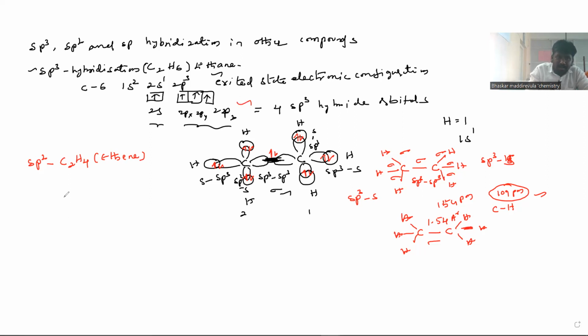But in the case of sp2 hybridization, each carbon has 1s2, 2s1, and 2p3.